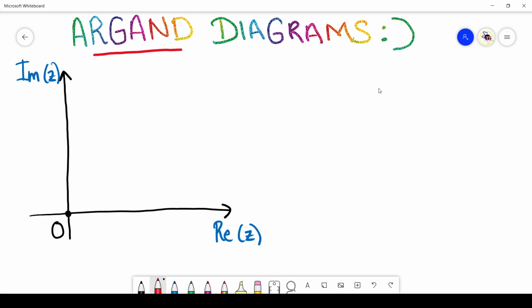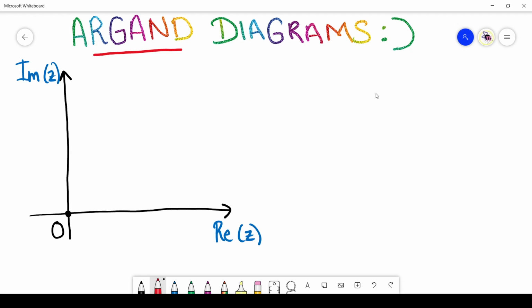I feel like that's a thing they would say in Sesame Street. But yeah, that's what they call it. So anytime you have to plot a complex number on a complex plane, it's called an Argand diagram.